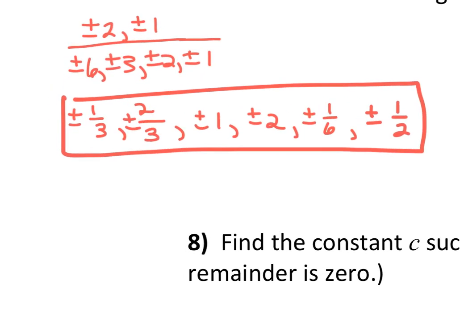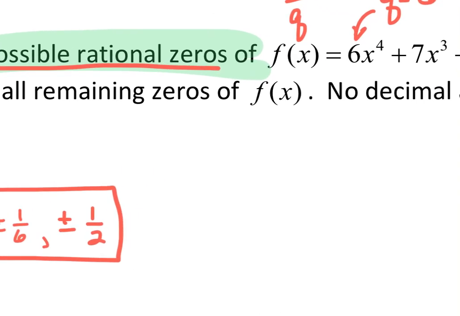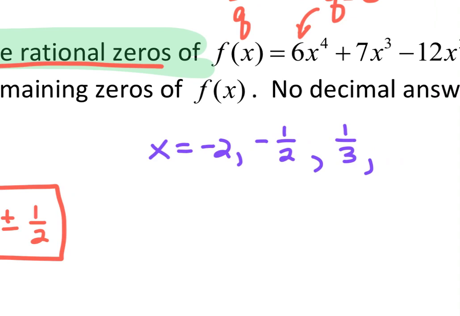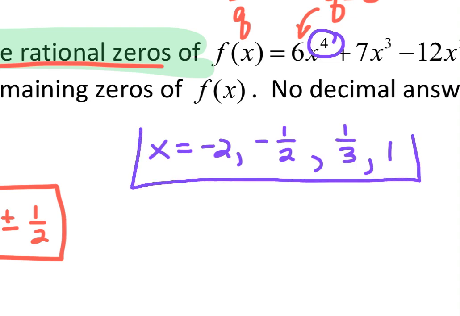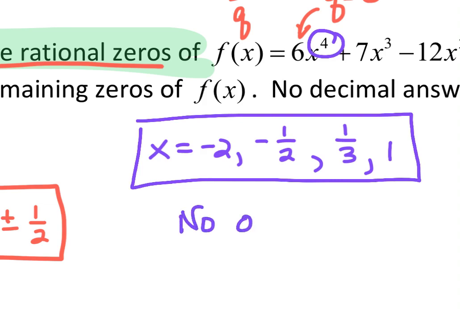And when you've graphed that function, you see that you have 4 x-intercepts, and those x-intercepts are x equals -2, and then -0.5, which is -1/2, and then 0.333, which is 1/3, and 1. Because it's a 4th degree polynomial, and you found 4 x-intercepts and they're all rational, that means there are no other roots.